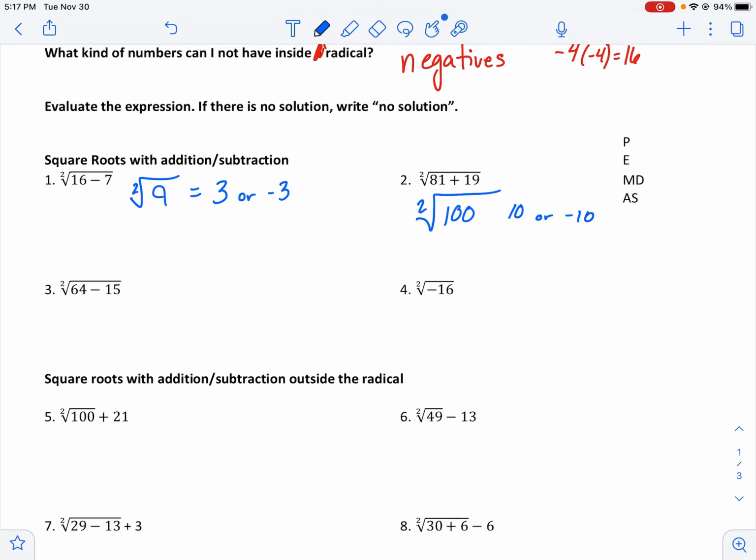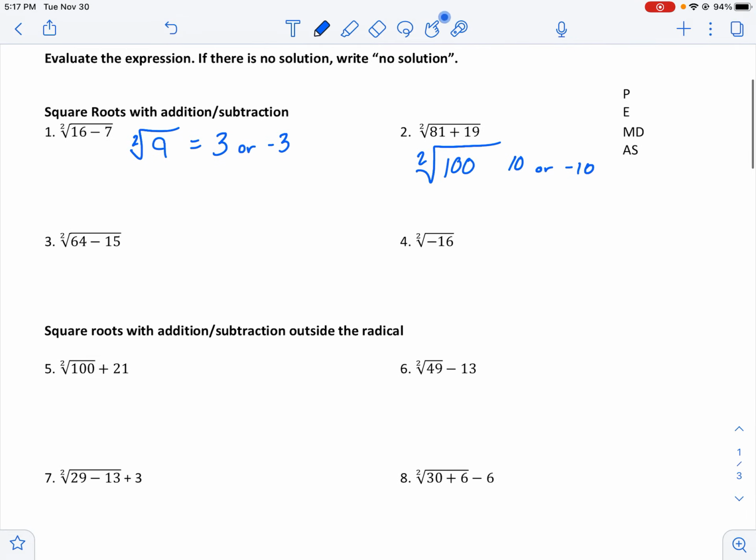All right, let's try 3 and 4. I'd like you to pause the video and then unpause and check your work. So number 3, you should have square root of 49, which is either positive 7 or negative 7. And the square root of a negative 16, that is not possible.